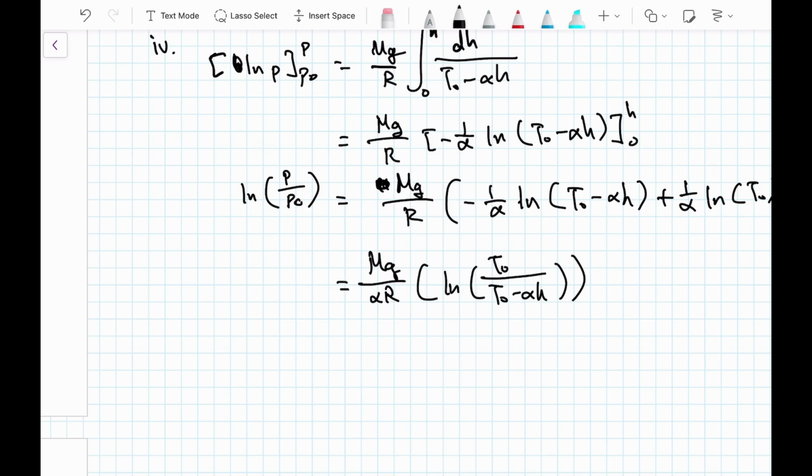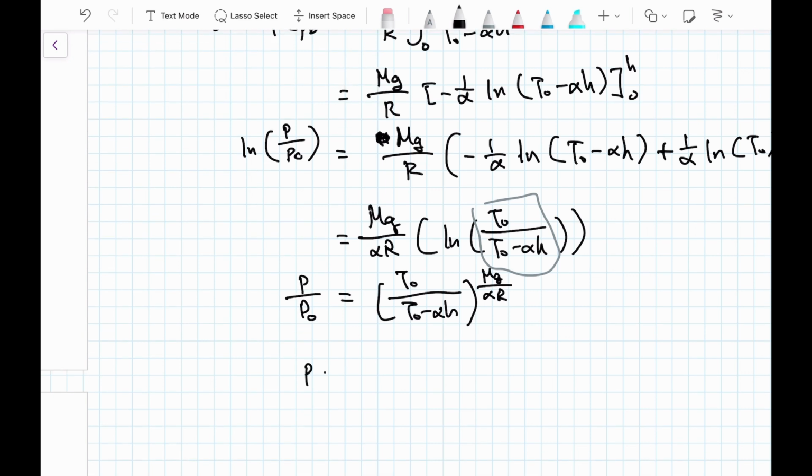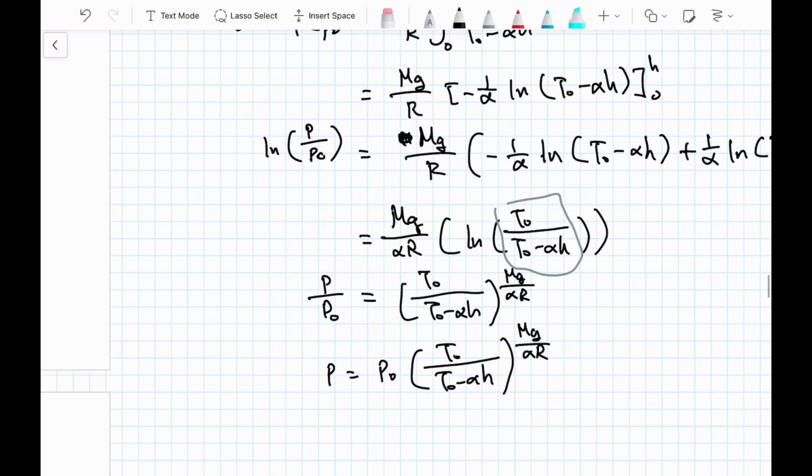So P over P0 should be equal to, we raise this entire thing to the power of mg over alpha r, and that should give us T0 over T0 minus alpha h, to the power of mg over alpha r. So then P should be equal to P0 times T0 over T0 minus alpha h to the power of mg over alpha r. And that should be the answer to the first part of the question.